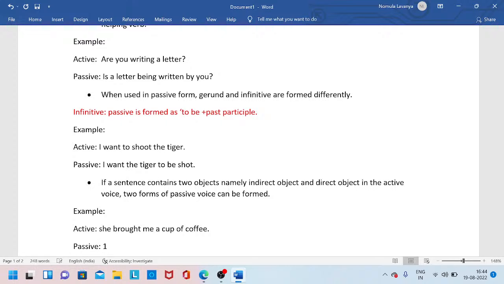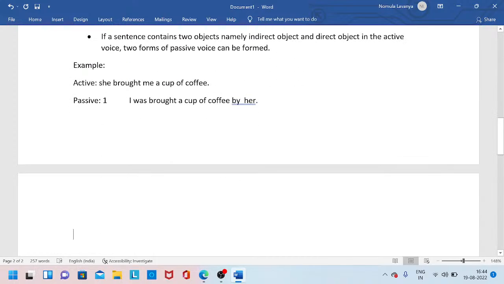Let me give you one: I was brought a cup of coffee by her. This is one sentence.